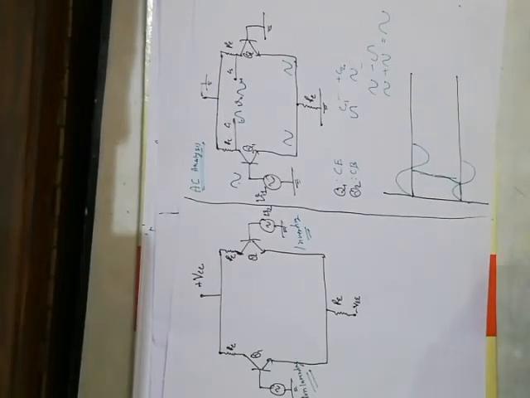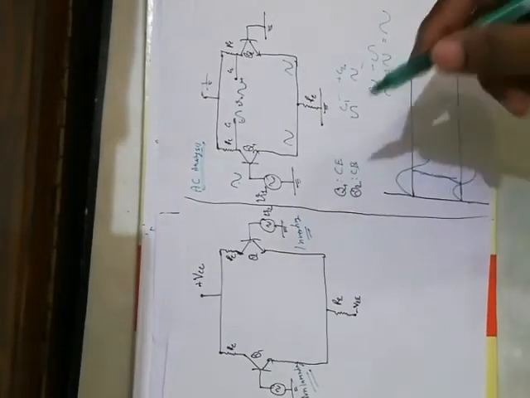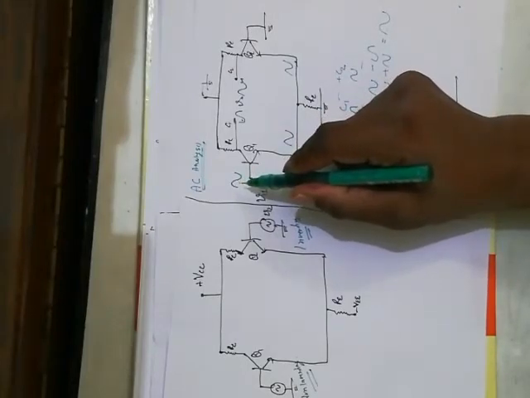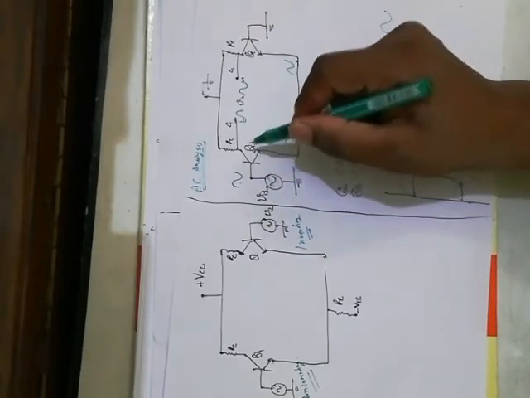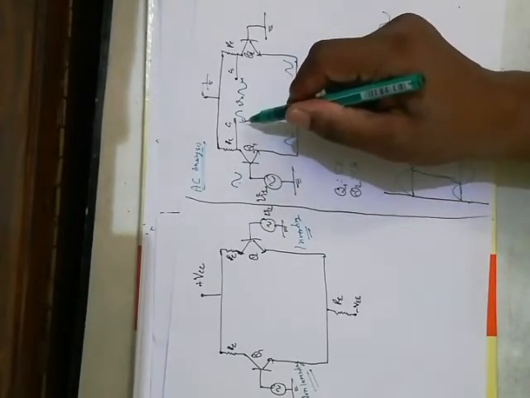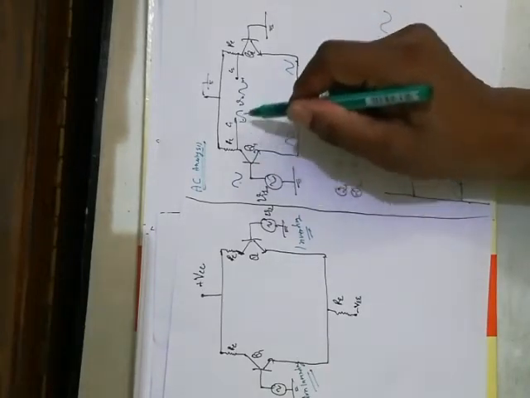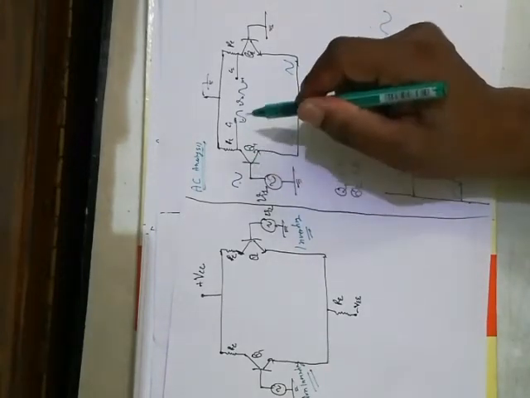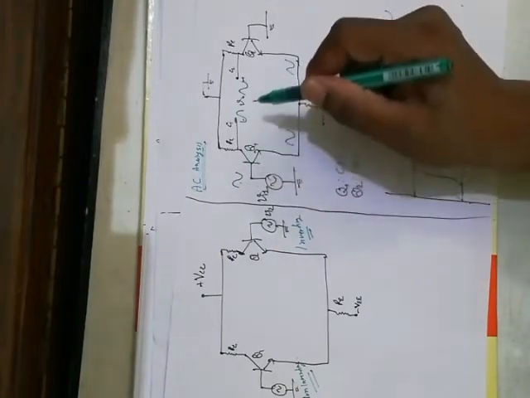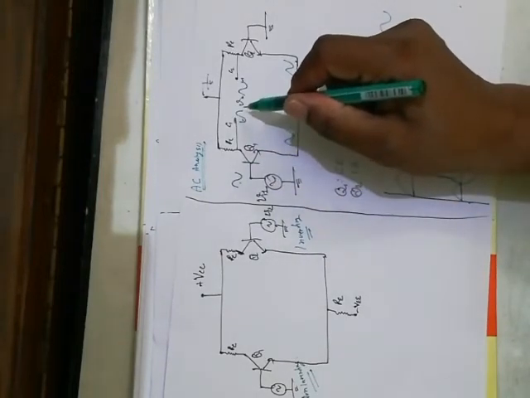Again I will explain you. We are providing the input here, we are feeding the base, and we are taking output at the collector. There will be a 180-degree phase shift between output and input, and output will be like this.